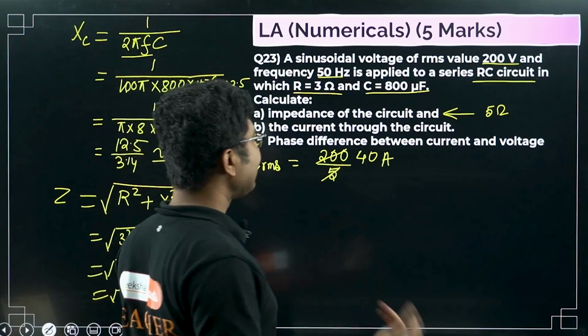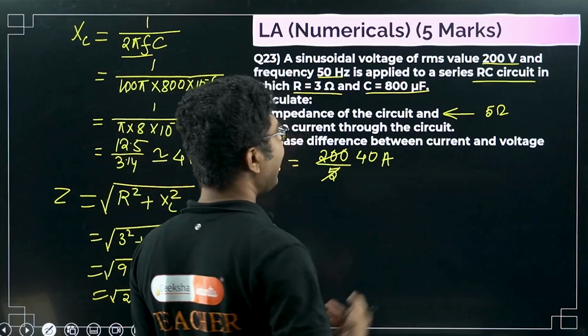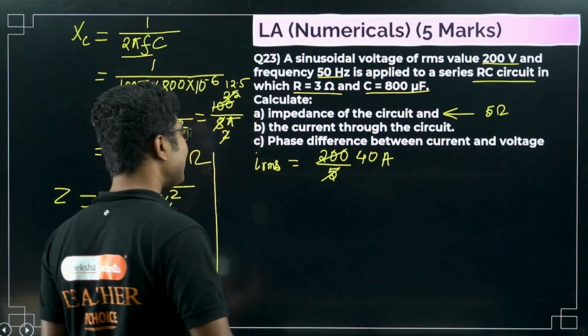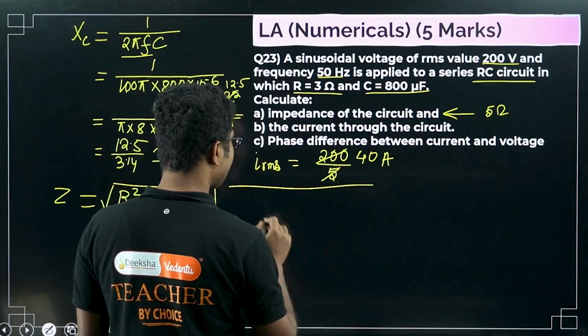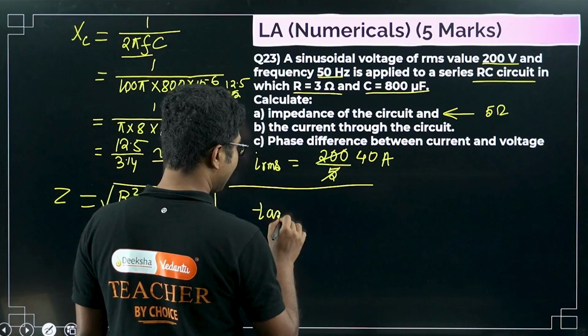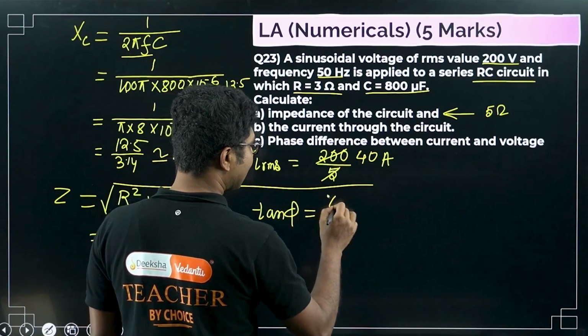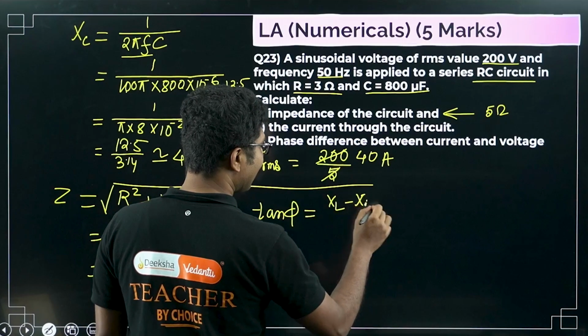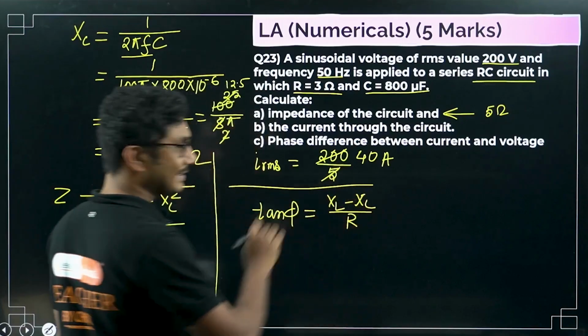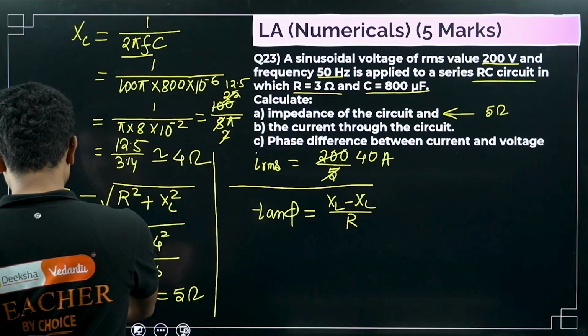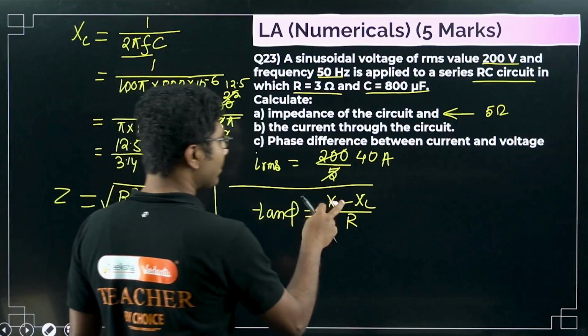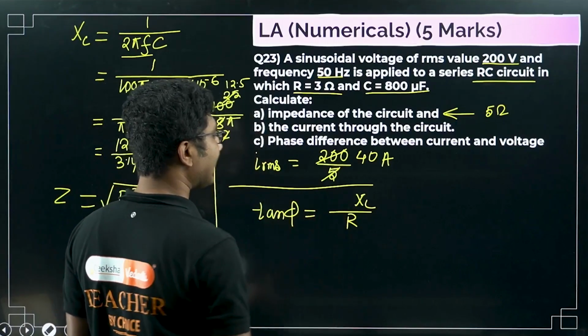Now the phase difference between current and voltage. We have seen one formula for phase difference: tan phi is XL minus XC by R. But in this case XL is not there, so XL will be 0, and because only XC is there, we will ignore the negative sign as well.